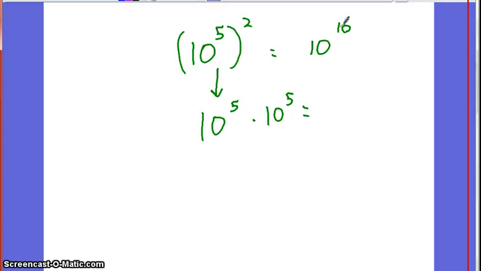When it's in parentheses, what it's telling you is this is 10 to the 5th times 10 to the 5th. So that's why we end up with 10 to the 10th. We multiply the exponents because that's what this is actually indicating to us. It's indicating that we are multiplying 10 to the 5th times 10 to the 5th to yield 10 to the 10th power.